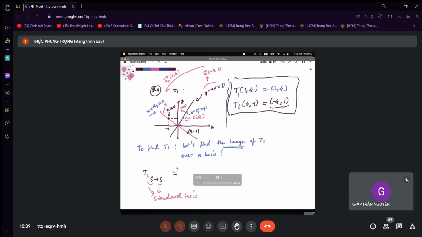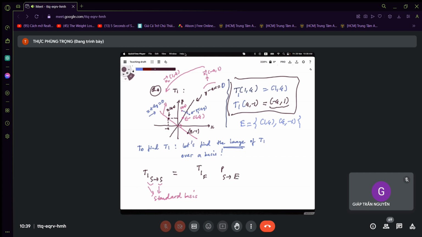You only need to find this in order to find the formula for T1. Let's say E right here is the basis that we have right here, so let's say E is (1, 4) and (4, minus 1). I put the name E for the basis that we have got right here. So I can go from S to E, and then from E to S.